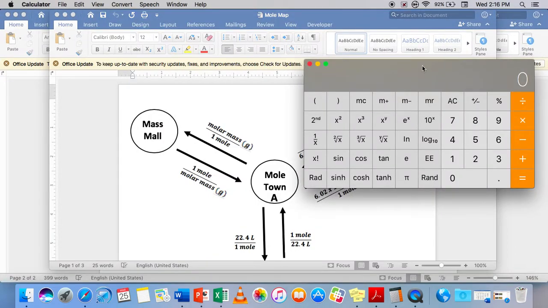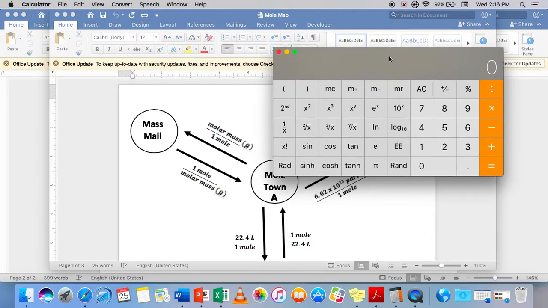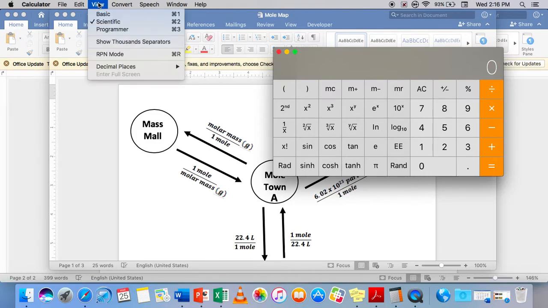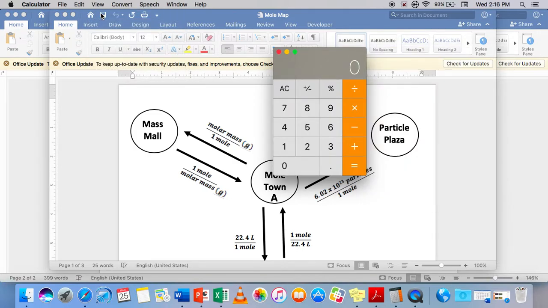Now, one thing I want to point out is if you are using the calculator on your computer, which I do recommend, we have to get the scientific version because we're going to be using exponents. If you do not have the scientific version, at the top of your screen where you see view, right now you may have the basic, which is the small calculator.